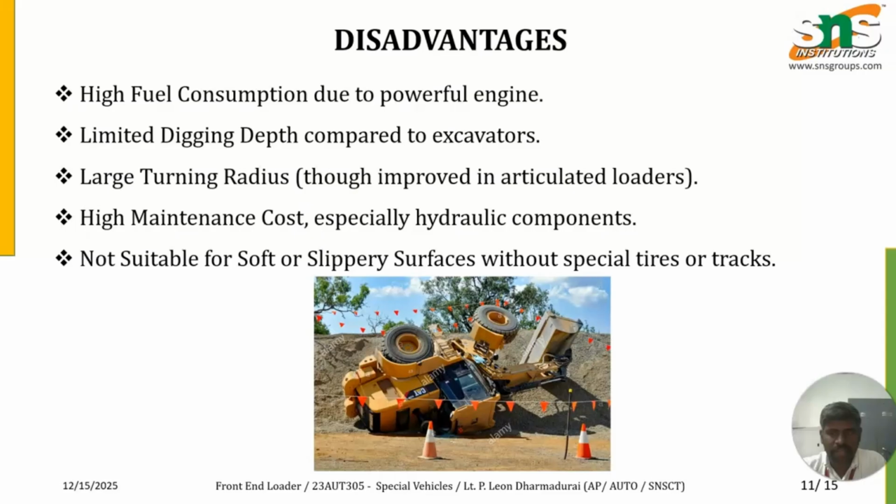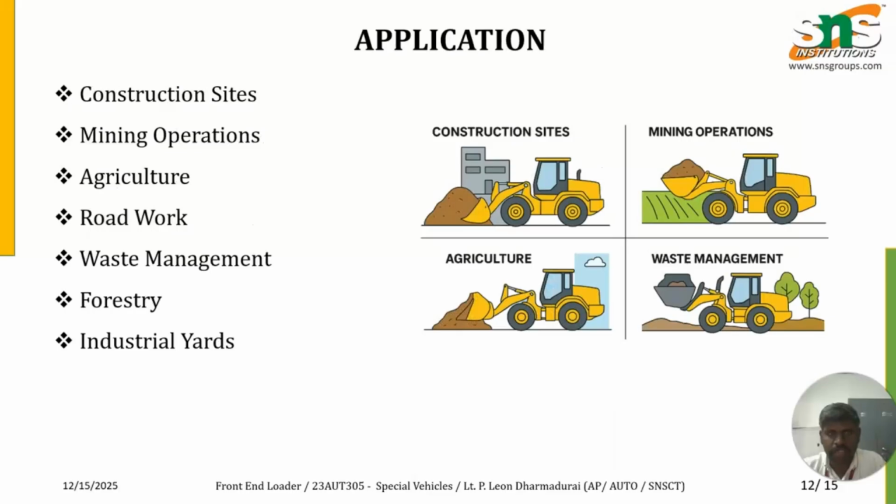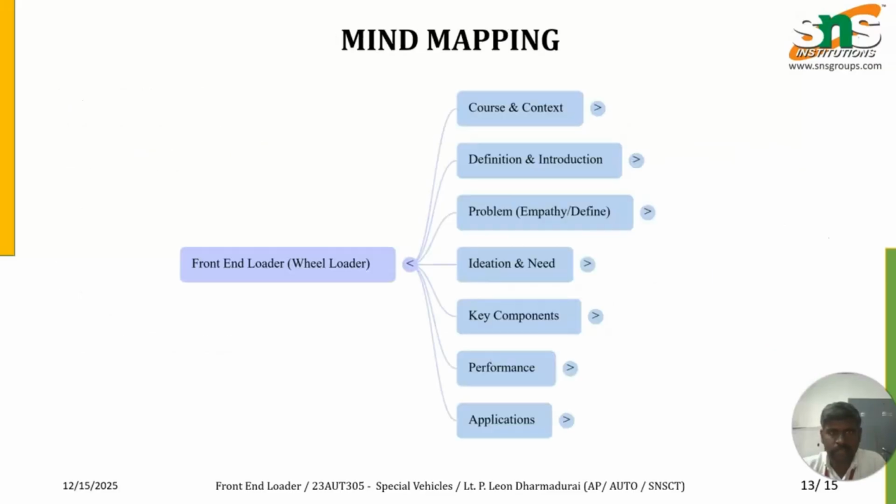With this front end vehicle, we cannot dig as much as we require. It also has a larger turning radius, high maintenance cost, and is not suitable for soft and slippery surfaces. The applications include construction sites, mining operations, agriculture, road construction works, waste management, forestry works, and industrial yards.